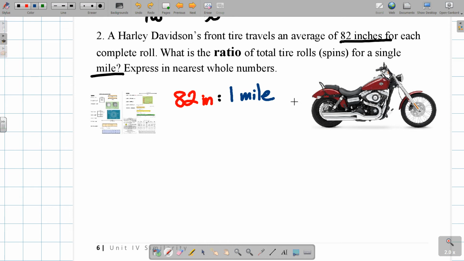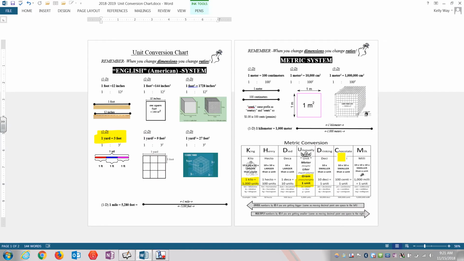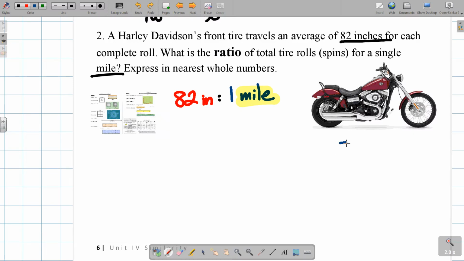Hopefully you caught the fact that this was a double conversion. Step 1, you had to get the mile into feet. Again, that is right here. There's 5,280 feet per mile. So 1 mile is 5,280 feet, but you have to go 1 step farther to get it into inches.